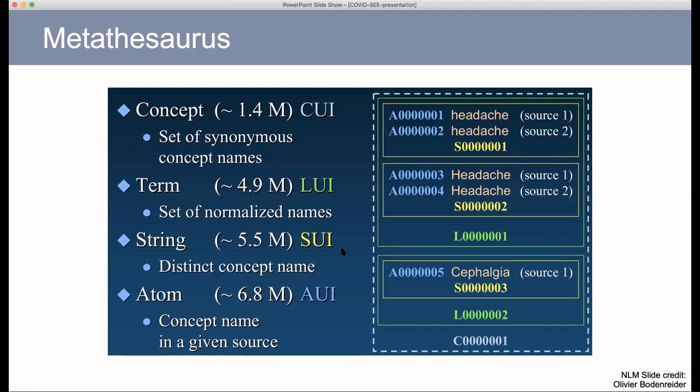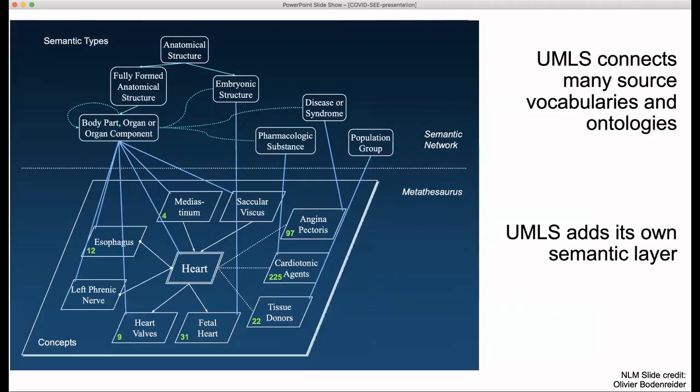And there's a very human and now semi-automatic process to connect all of the terminology in these different vocabularies. So it's been a huge amount of work that the National Library of Medicine has done, and it's a phenomenal resource for us in trying to structure concepts in the literature and in clinical text as well.